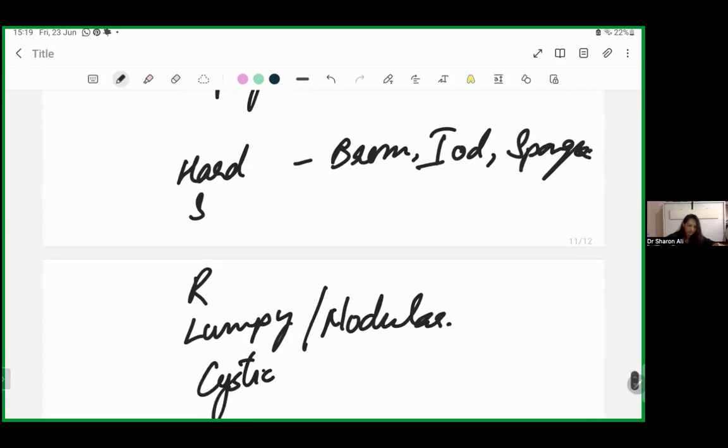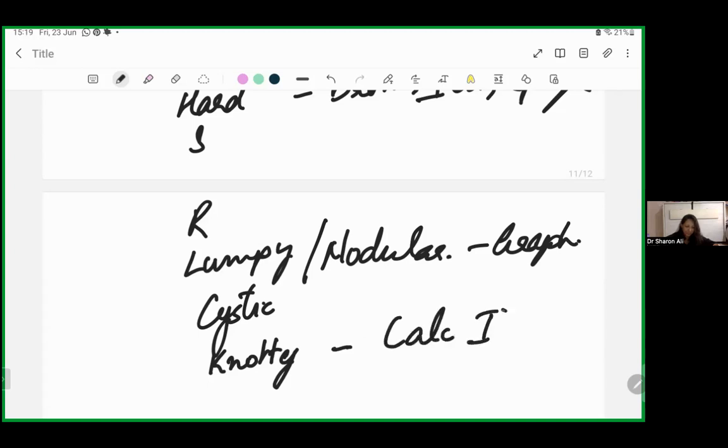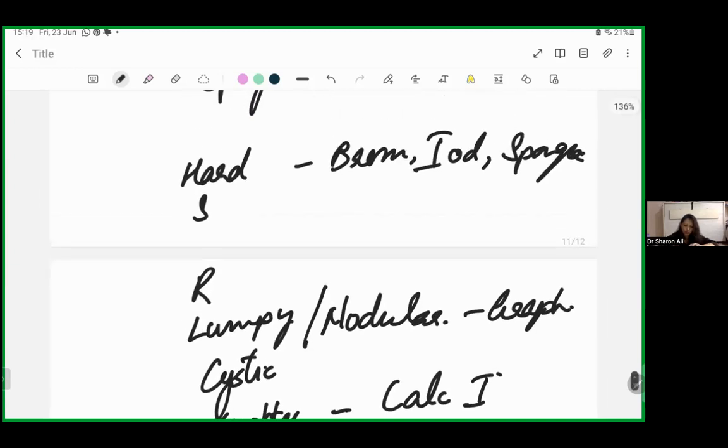The lumpy one is graphites. And we have a naughty one, as if there's knots in the goiter, which is calcarea iodata. And if you see this, we will also know rubbery can be conium, rubbery glands. Soft will be your calcarea carb.